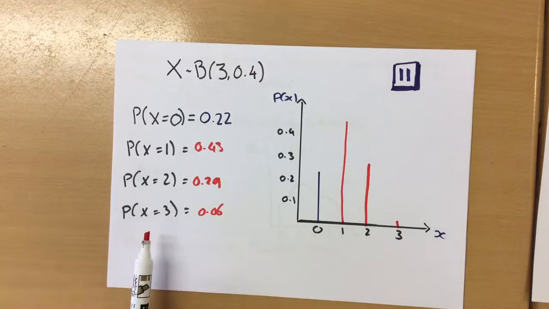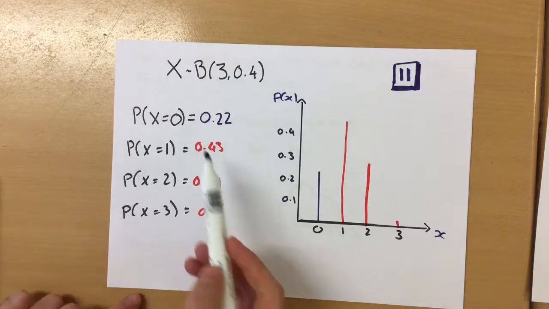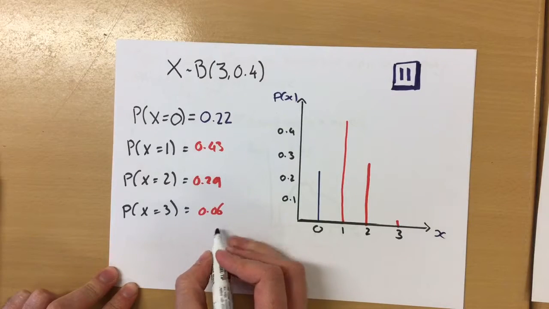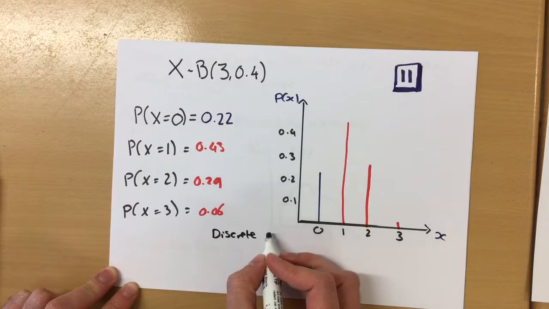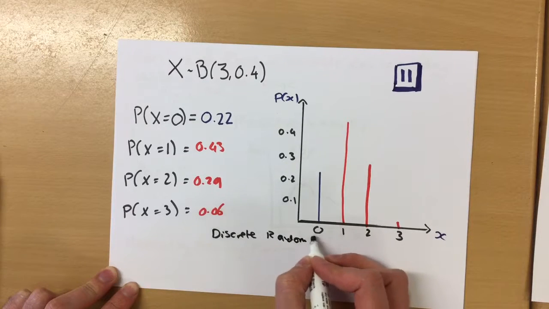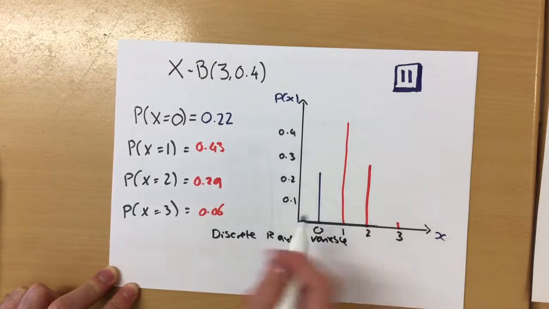Okay, the point is that in the binomial, you can only take integer values. It's a type of discrete random variable, because our variables can only take whole numbers, our integers.